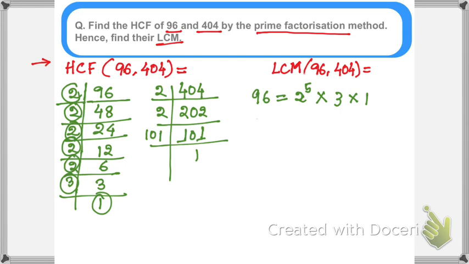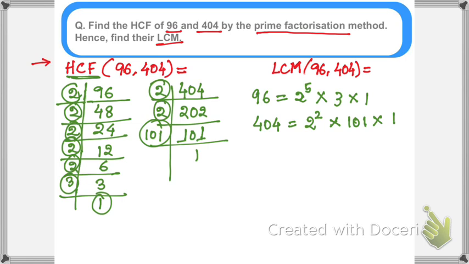Okay. And 404 is equal to 2 to the power 2 into 101 into 1. So first we will find out the HCF.